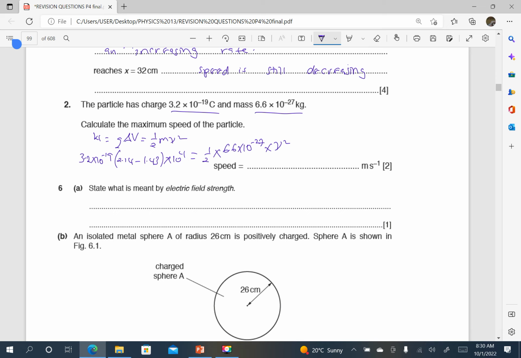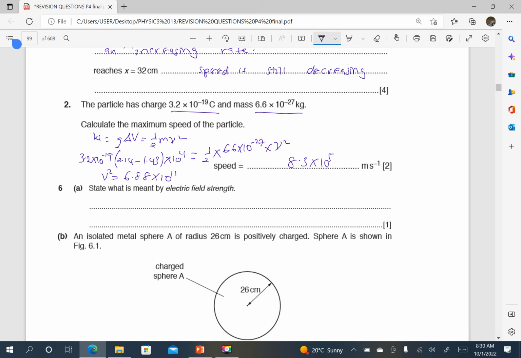So making v squared the subject, I got v squared as 6.88 times 10 power 11, and when I find the square root, this is giving me 8.3 times 10 power 5 meters per second as the speed.